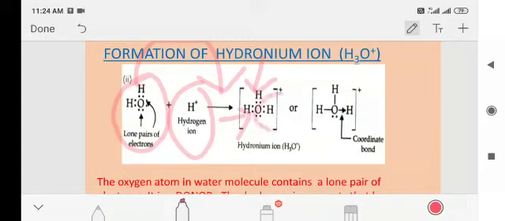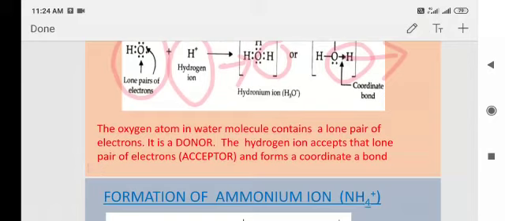Whereas look at the right side. These 2 electrons are purely donated by the oxygen. That means electrons are given from one side. Such a bond is called a coordinate bond. A coordinate bond is represented by an arrow sign. That arrow sign clearly shows that electrons are donated from one side. Such a bond is called a coordinate bond.